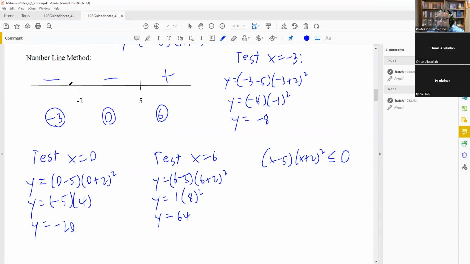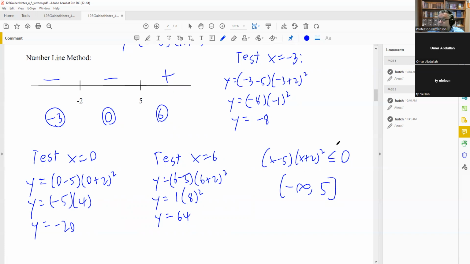Well, now if it's less than or equal to 0, that means that the -2 is going to be included. So if I had this, that means what I would put here is -infinity to 5 with a bracket, and that's what I would have for my answer.